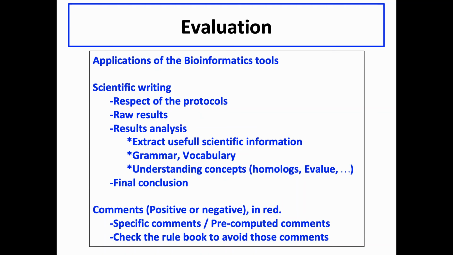You have specific comments on one specific aspect, you have general comments, and then you also have what I call pre-computed comments. It means that when we evaluate, we already have pre-computed comments inside the annotator. So when we find something that is wrong or something that is really successful, well written and so on, we only put it in for you.